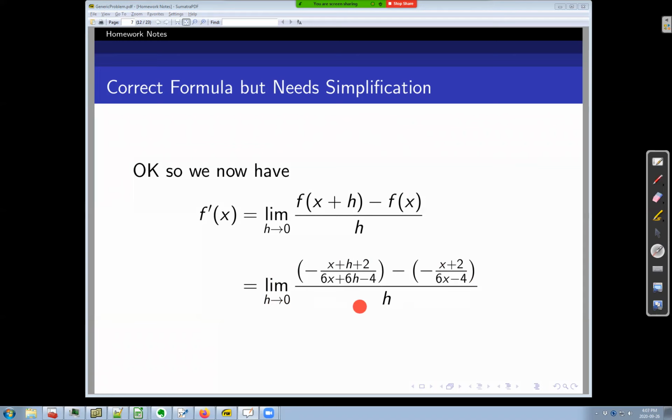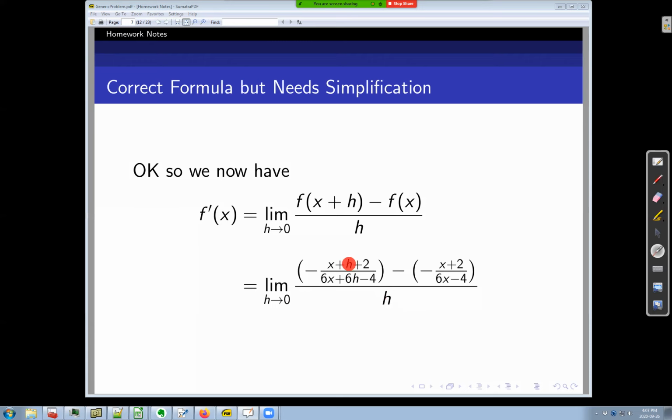And right now we're stuck because whenever you try to compute a limit, the first thing you should try is just plugging in the limit number. So what we should try doing is plug in h equal to 0. So I should put a 0 there, and a 0 there, and a 0 there. And you should try that. But unfortunately, it doesn't work in this case.